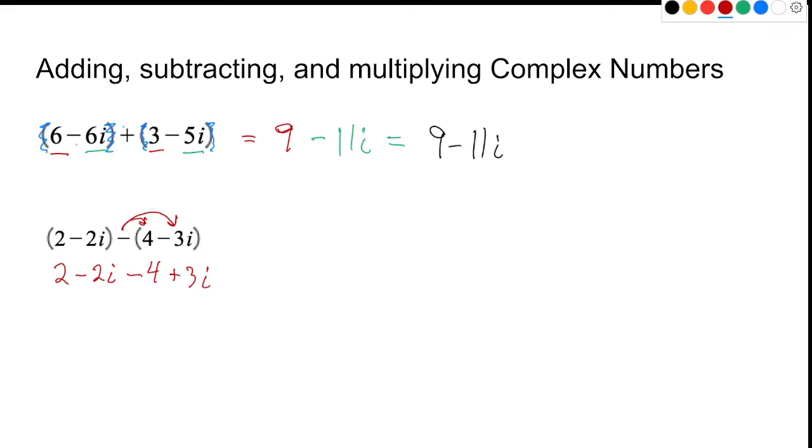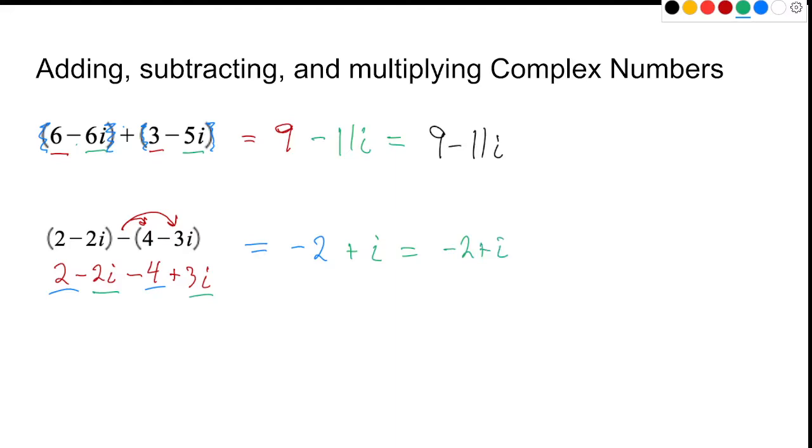Then again, we just combine like terms. 2 and 4 are both numbers, so 2 minus 4 gives us -2. And the i's are like terms: we've got a -2 and a +3, which gives us +1i. So we end up with -2 plus i.